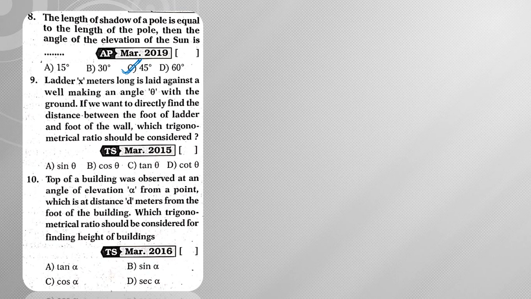Next, a ladder x meters long is laid against a wall, making an angle theta with the ground. If we want to directly find the distance between the foot of the ladder and the foot of the wall, which trigonometrical ratio should be considered? Right. Now let us draw the figure. This is the length of the ladder, let it be x. It is kept against a wall, making an angle theta with the ground.